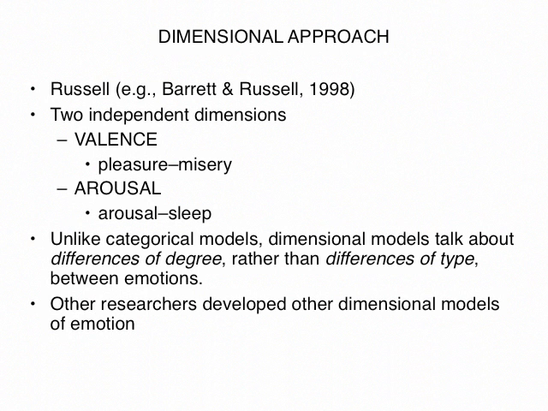Now, contrastingly, we have the dimensional approach to emotion. And in this, it's the idea that, different from the categorical approach, you could construct a 2 or more dimensional space with 2 or more different axes, each axis pertaining to a particular variable that is necessary to specify any particular instance of an emotional experience.